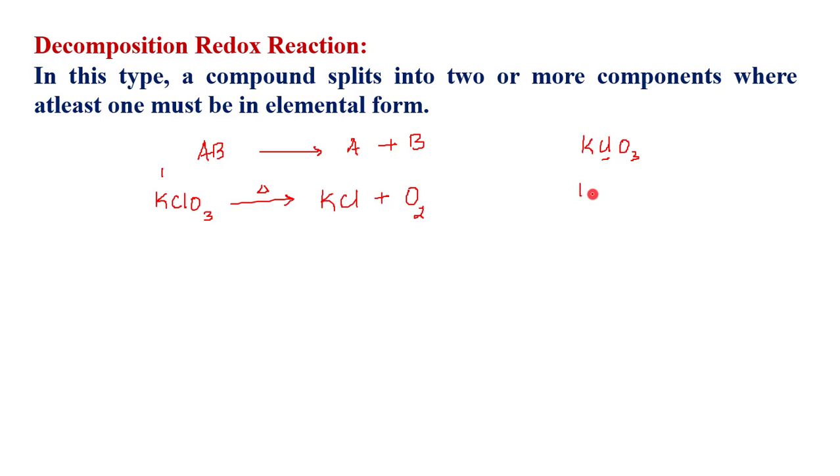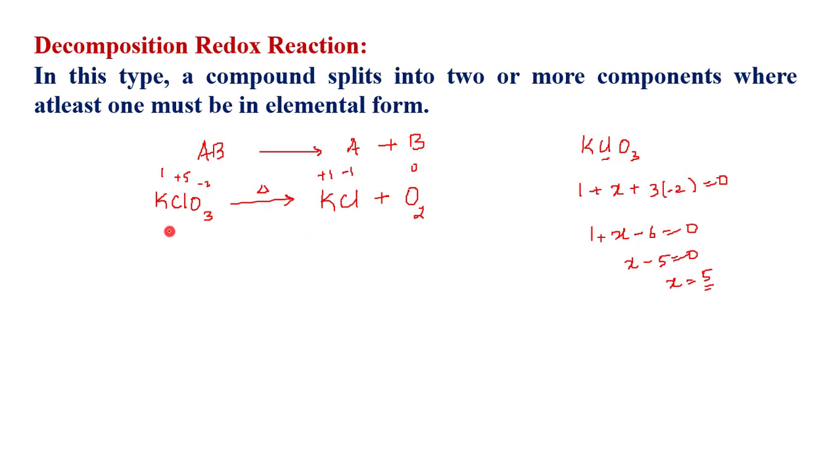So potassium is +1, chlorine will be x, plus oxygen 3 into -2, that will be equal to 0. Okay, so 1 + x - 6 = 0, x - 5 = 0, x = 5. So here the chlorine charge is +5, oxygen as usual -2 होता है, potassium again here +1, chlorine will be -1, and this oxygen is in its elemental form, we take it as 0.